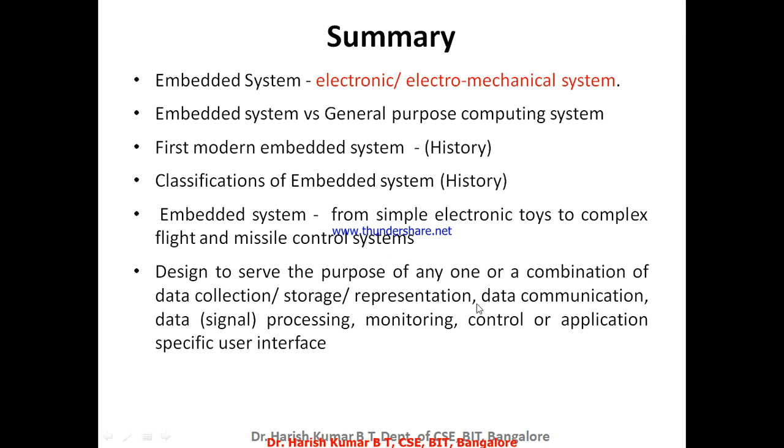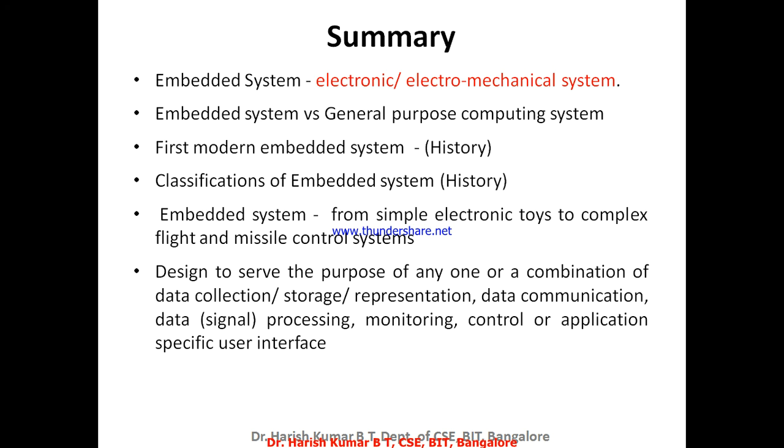And later we ended this chapter by discussing the purpose of the embedded system. The purpose of the embedded system can be any one of those five purposes we understood.